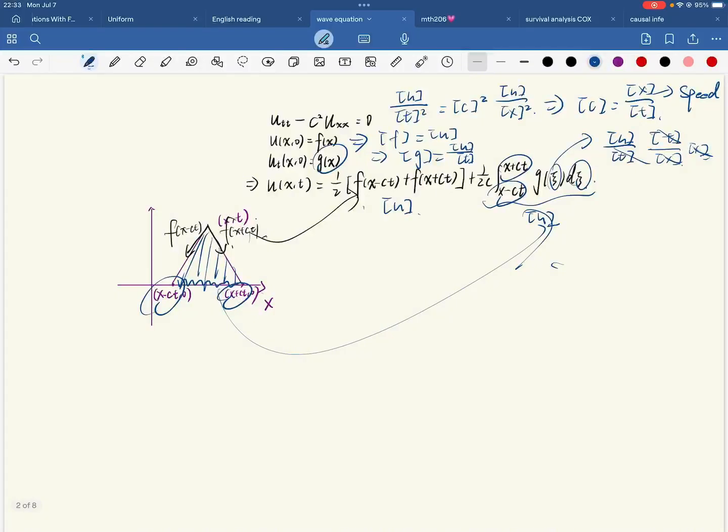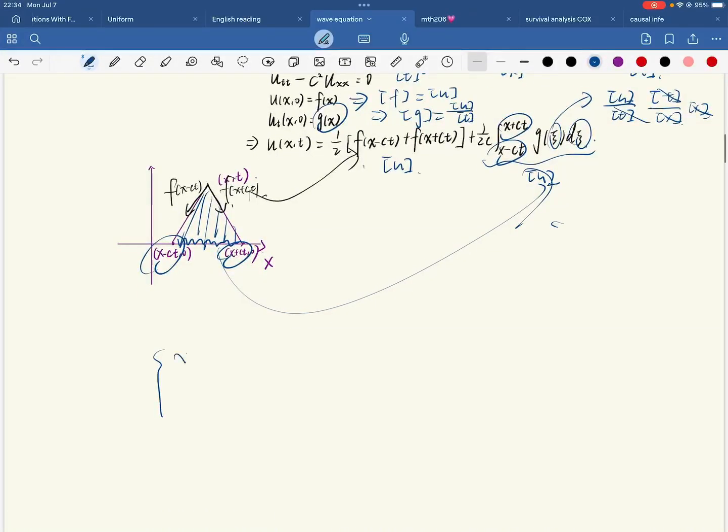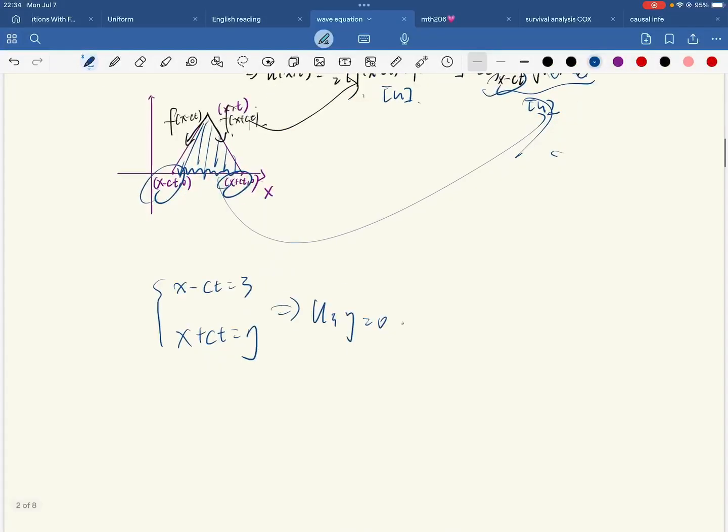And we just write and if this is, this is the D'Alembert solution.